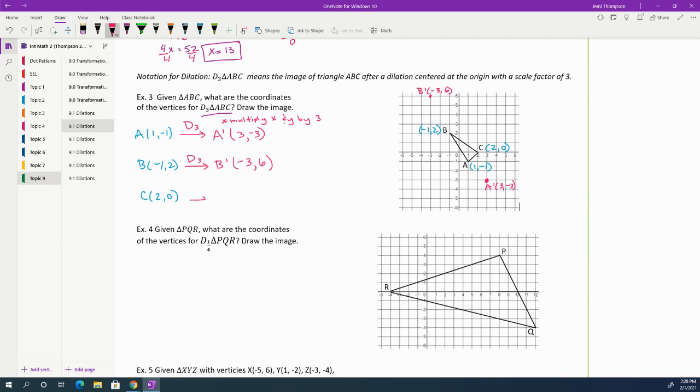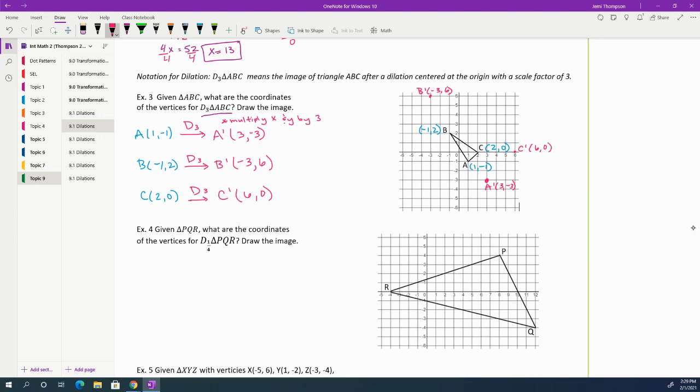And we do C. So the pre-image is at 2, 0. I'm going to multiply both coordinates by 3. So 2 times 3 gives me 6. 0 times 3 gives me 0. So 6, 0 is going to be C prime.